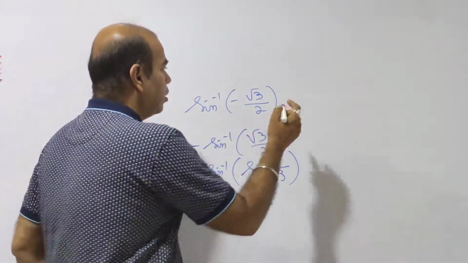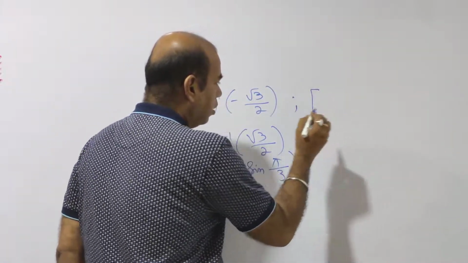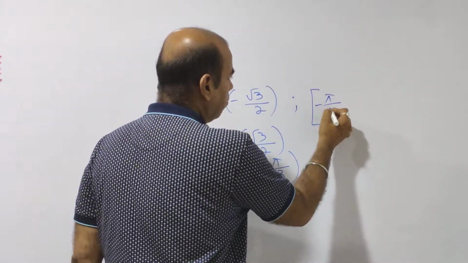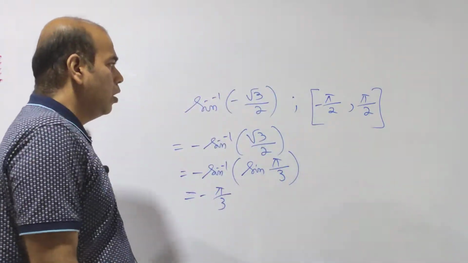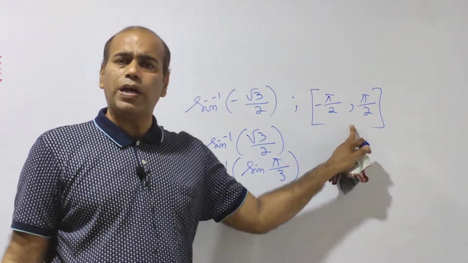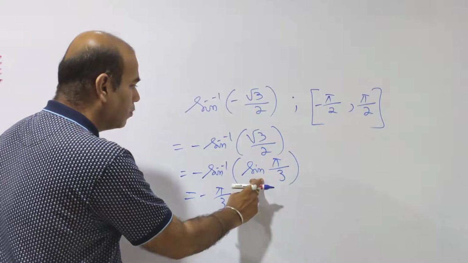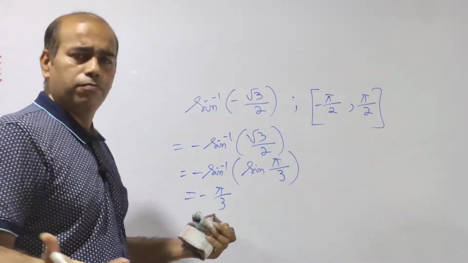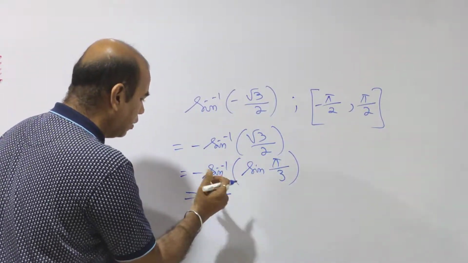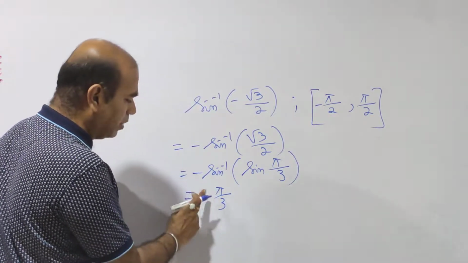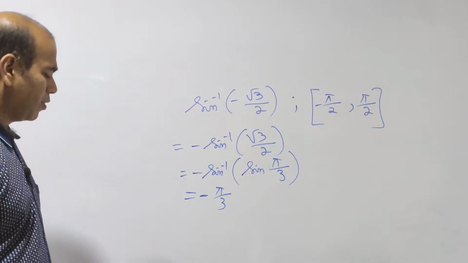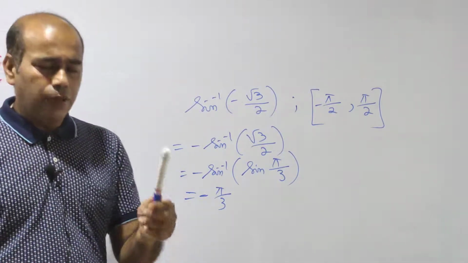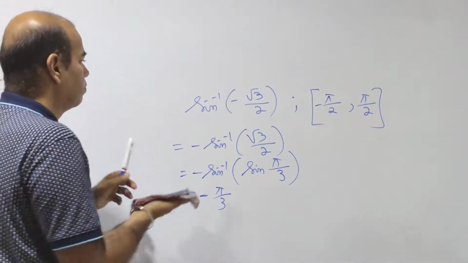As I already told you, the range of sine is the closed interval minus pi by 2 to pi by 2. So pi by 3 is in the range of sine. So if I remove sine inverse and sine, the minus is already present from the first step, so it is only minus pi by 3. I suppose I am clear, students. Let me take some more examples now.